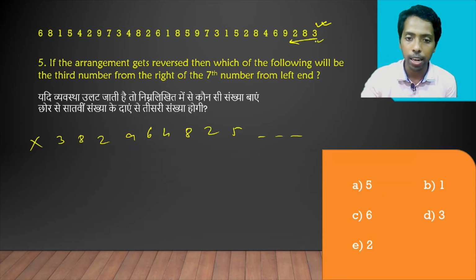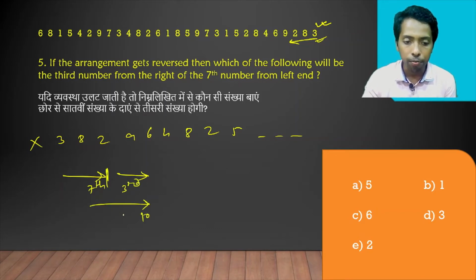This is the left side right now. You have to think from that perspective. Now the arrangement gets reversed, then which of the following will be third from the right end, third from the right of the 7 from left end? So 7 from left end, and third from this point, that is this third. That means finally 10 from left end. So from this end we have to consider: 3 8 1 2 4 6 8 and 10.